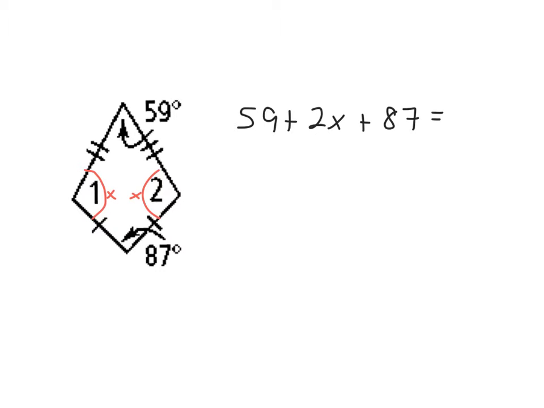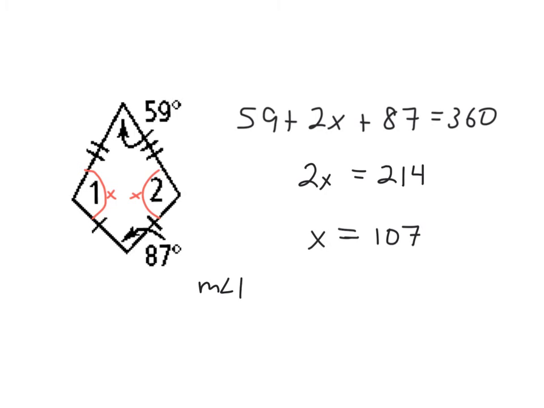Is equal to 360. Now combine, etc., and solve. So that means the measure of angle 1 equals the measure of angle 2 equals 107 degrees. And of course, with your calculator, you can double check: 107 plus 107 plus 87 plus 59 should be 360. We can also look here, if you had to take a guess, it's a little bit bigger than 90. So 107 is a reasonable answer by the diagram, which isn't always to scale.